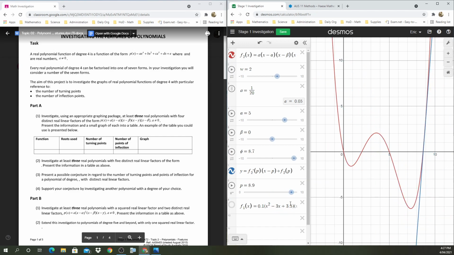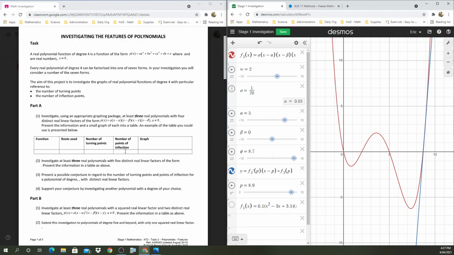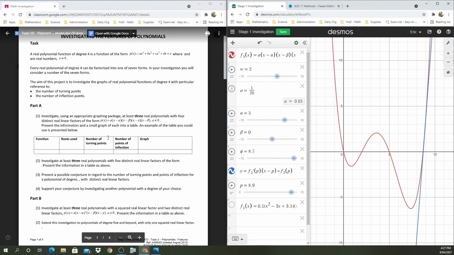Okay. So what does that mean? There's an inflection somewhere around here, and there's an inflection somewhere around here. There are two inflections. All right? So number of turning points 3, number of inflections 2. Now, you have to prove this for yourself, but that's how you find them.